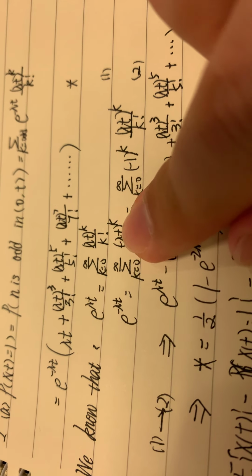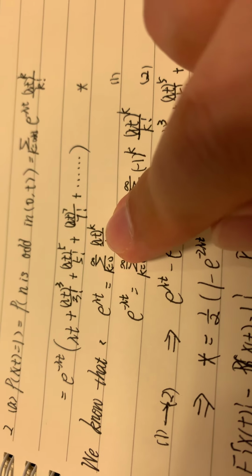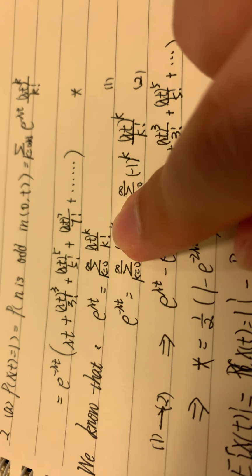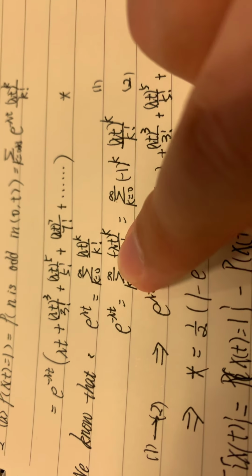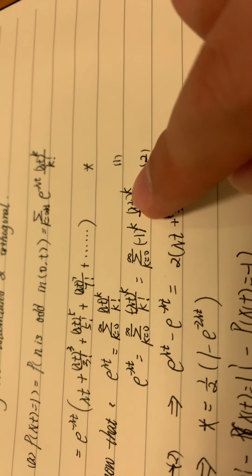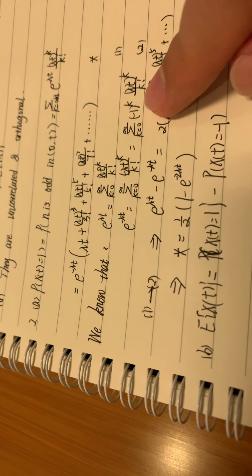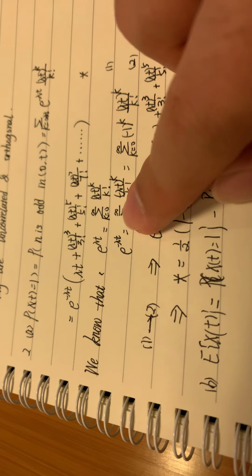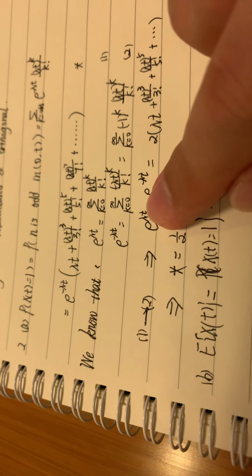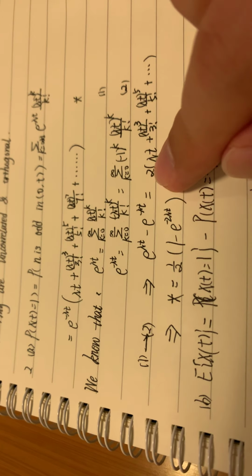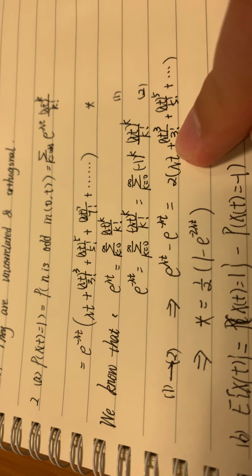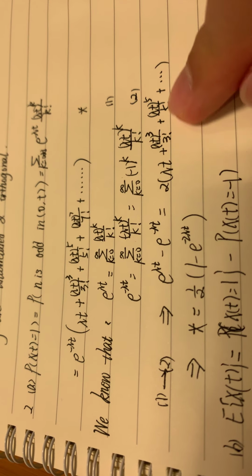Again, we do the Taylor expansion of e to the power of minus lambda t, which alternates, so we put the minus 1 to the power of k separately. Subtracting the two, we have e to the power of lambda t minus e to the power of minus lambda t, leaving only the odd terms, k equals 1, 3, 5.